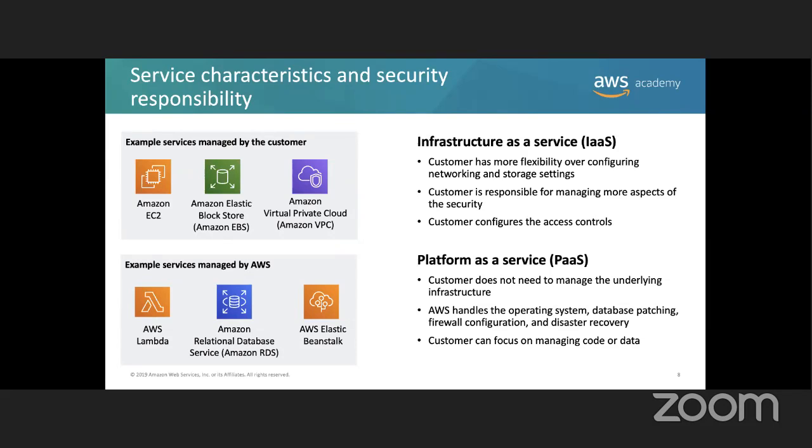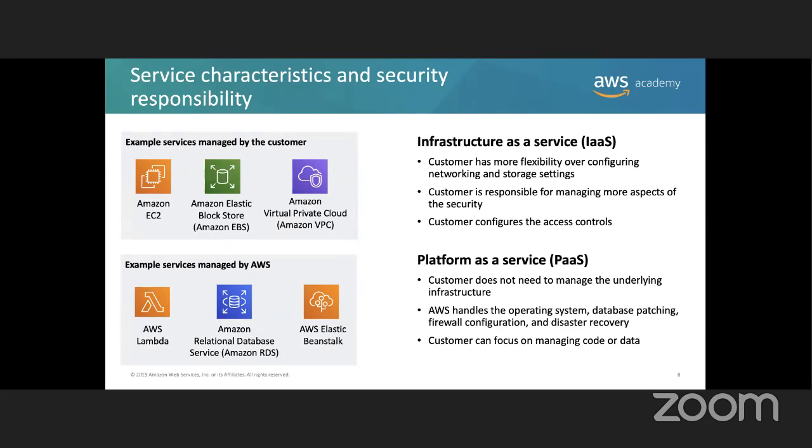Because AWS doesn't manage it, okay? So EC2 instances are not managed by AWS. Elastic Block Store is not managed by AWS. Okay, Amazon Virtual Private Cloud is not managed by AWS. It's your responsibility.